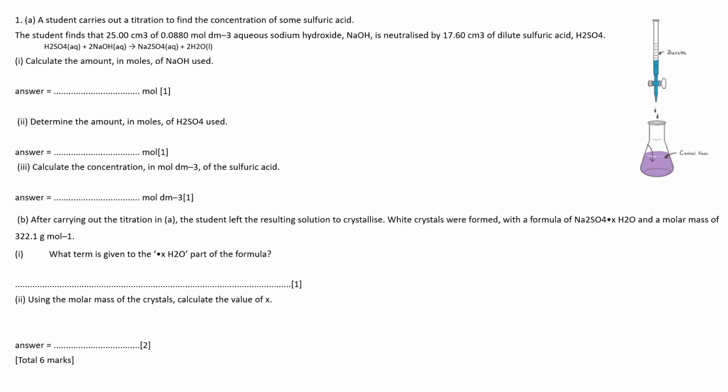Right, so our question says, a student carries out a titration to find the concentration of some sulfuric acid. The student finds that 25 cm³ of 0.088 mol/dm³ aqueous sodium hydroxide is neutralized by 17.6 cm³ of dilute sulfuric acid.